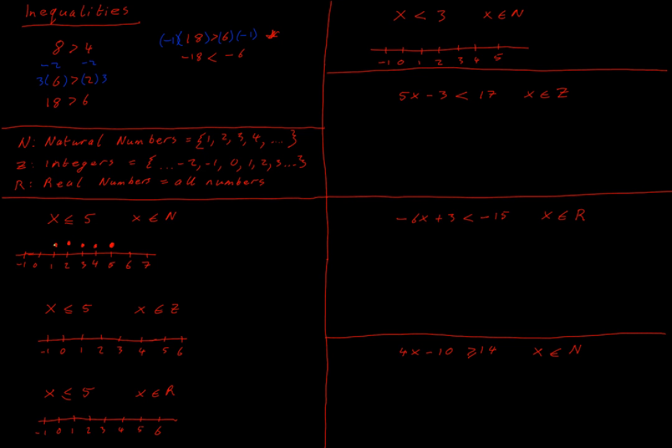So our group stops at 1. So I don't put any more dots for any x's smaller than that, because they're not in this group. Because x in this question is a natural number, so it stops at 1. So that's how I do my number line when I have natural numbers.